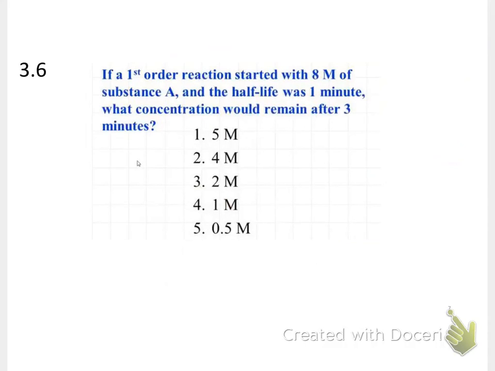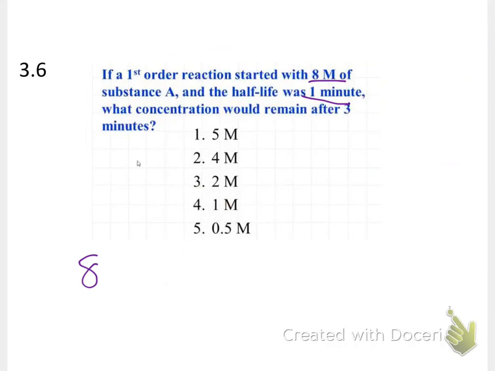Alright, some of the questions that you get asked on the AP test are pretty simple if you think about what we just looked at, and you don't even have to do any calculation. If a first order reaction started with 8 molar of a substance and the half-life was 1 minute, what concentration would remain after 3 minutes? Let's think about this.